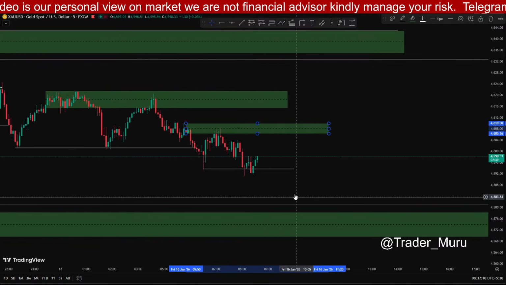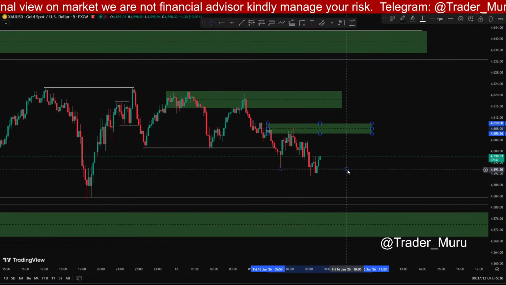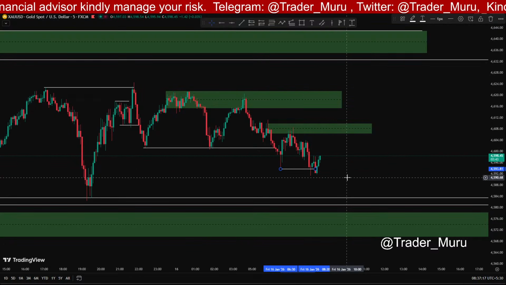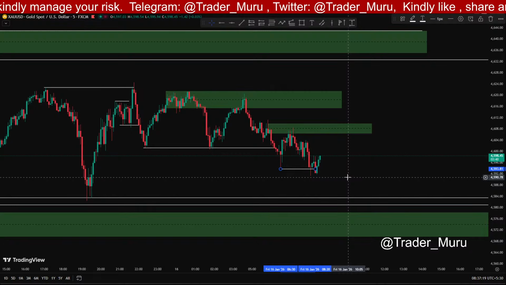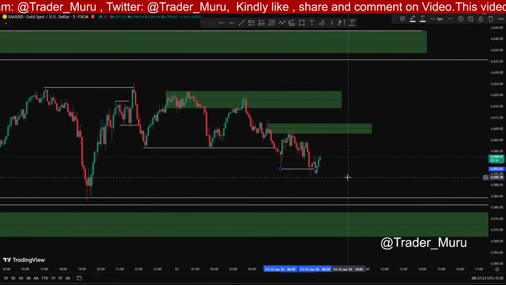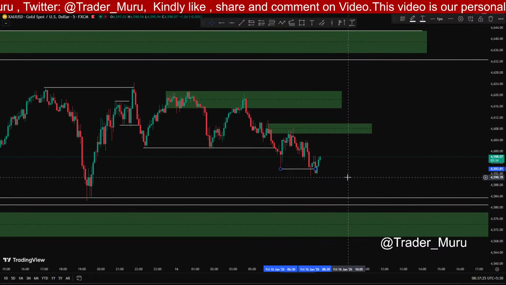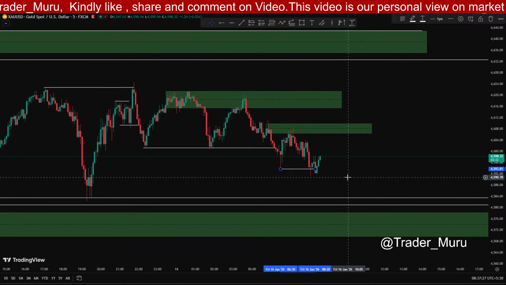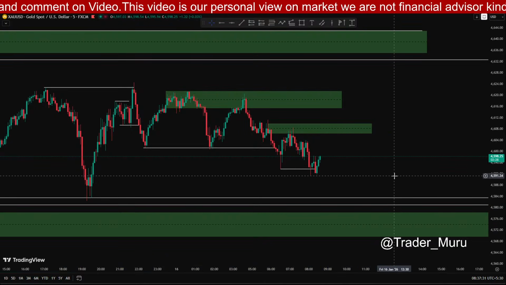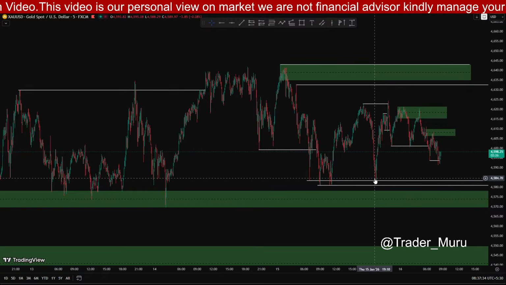It will test here again and drop because 5-minute is bearish right now, continuously breaking structure. So right now the smaller time frame is bearish and we can expect it to continue until we have a change of character in the 5-minute time frame, and this will be targeting around 4578. So this is all we have in gold.